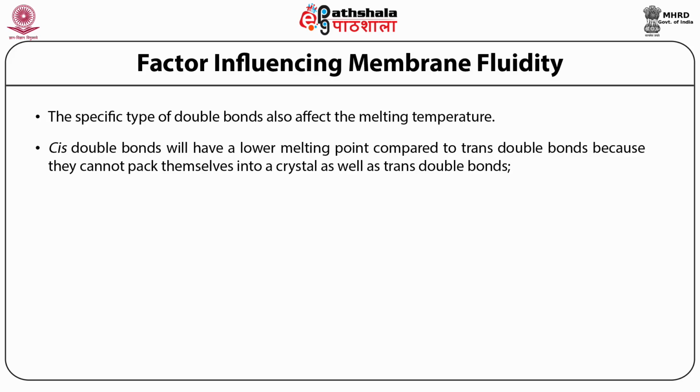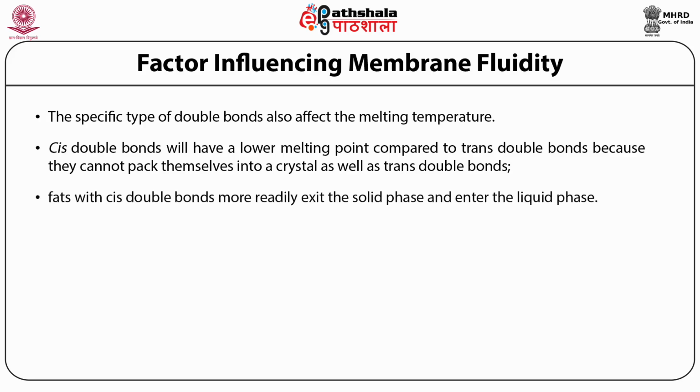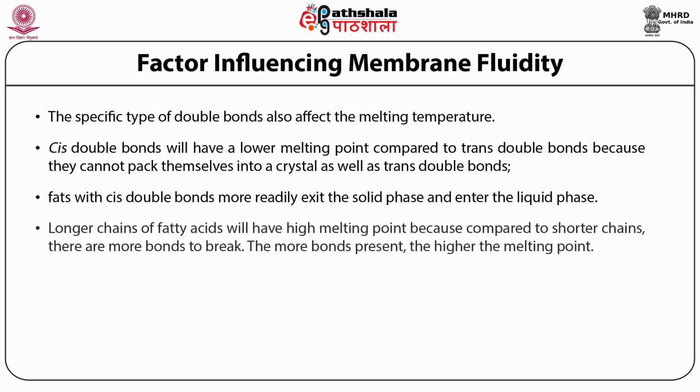This is the reason why fats with cis double bonds more readily enter from the solid state into the liquid state. A longer chain of fatty acid will have a higher melting point compared to a shorter chain, because there are more bonds to break. The more bonds present, the higher the melting temperature.